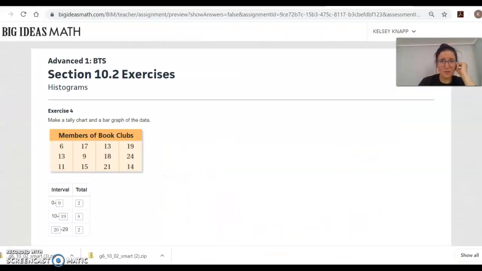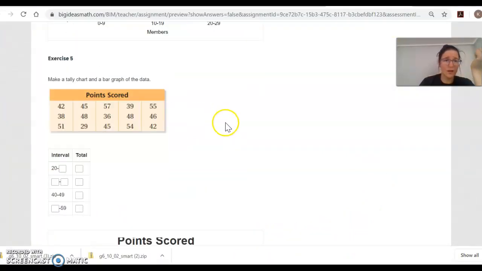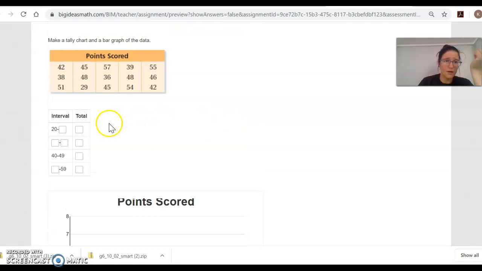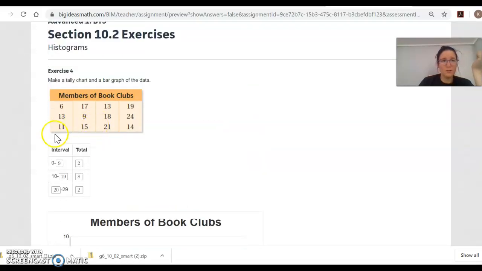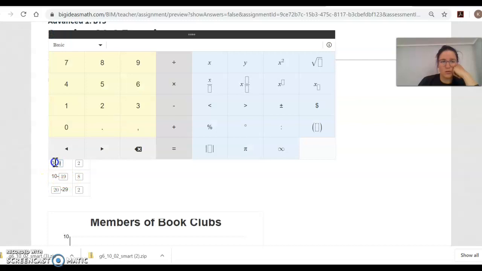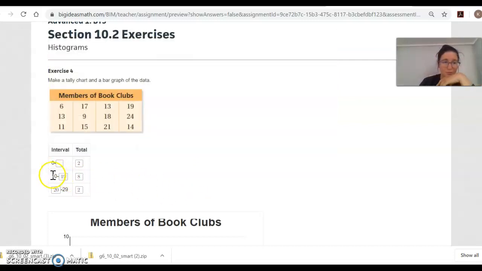If you do this online, you're going to get to where you have to type in your own interval and recognize what your interval is counting by. So if this interval right here starts at 10, I know my previous interval had to end at 9.